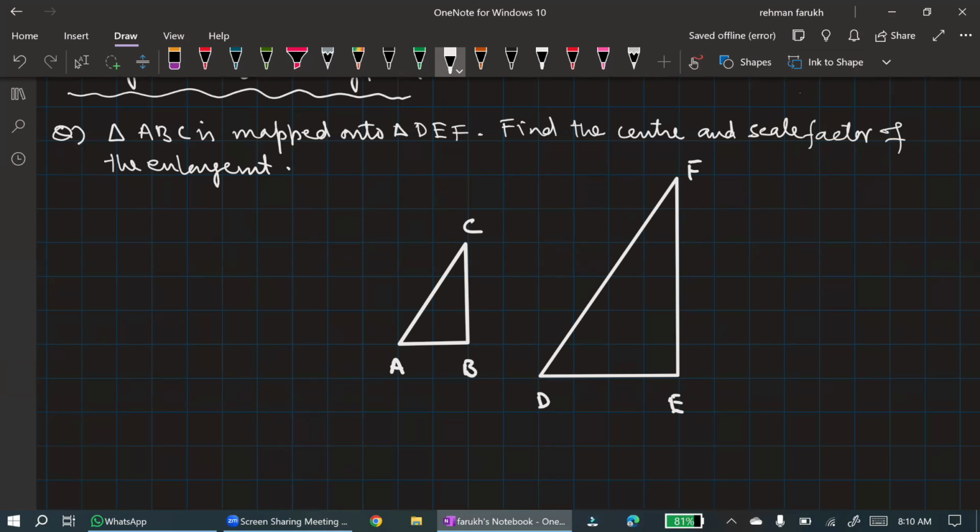We want to find out the center and the scale factor of the enlargement. To find the center of the enlargement, we will join the respective images and objects. That is, I will join A with D and extend, B with E and extend, and C with F and extend.